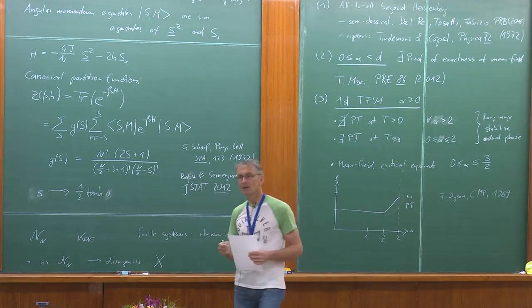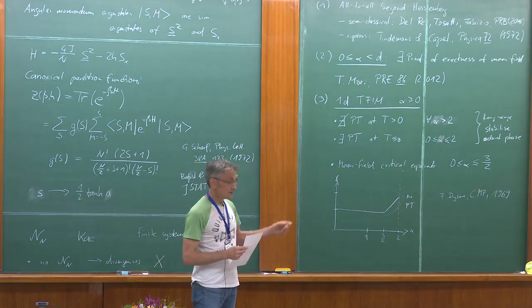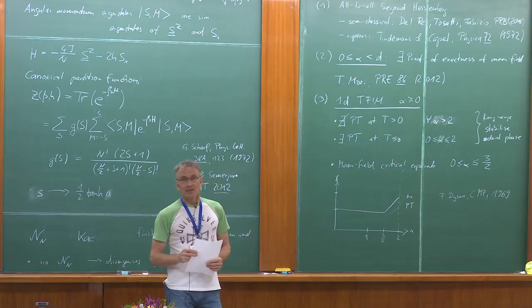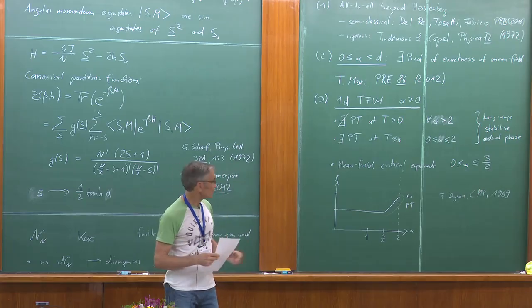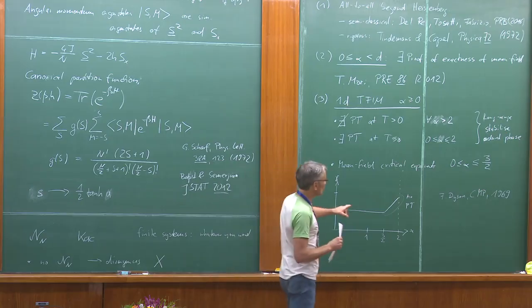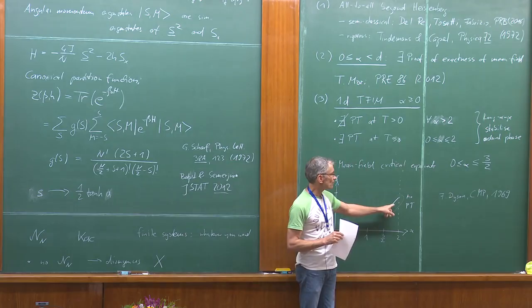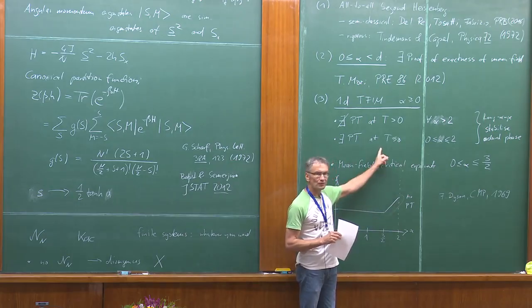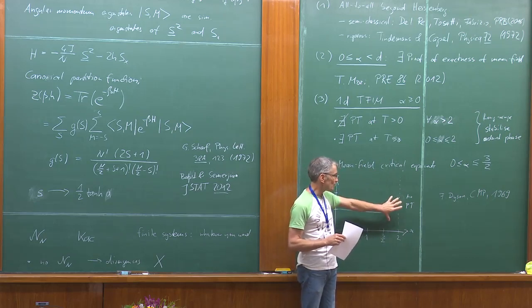Yes, please. What kind of arguments do people give to explain this kind of behavior, this continuous change? I don't know of a physics argument, but what Dyson did was construct models that are very similar but more solvable than the transverse field Ising model, and he argued that the difference of the critical behavior is small, and in this way got to a result like this.